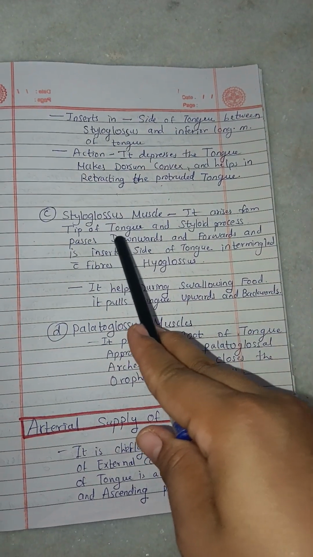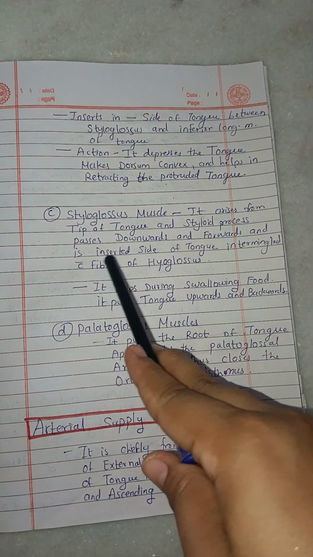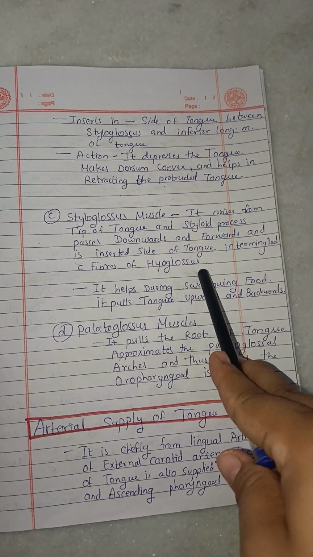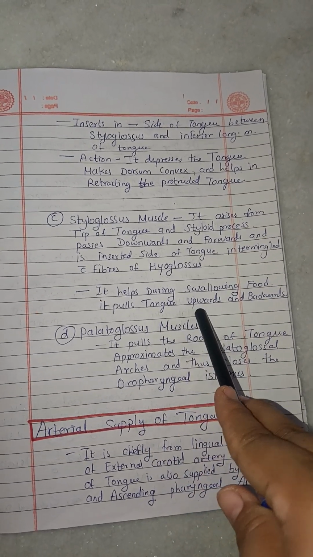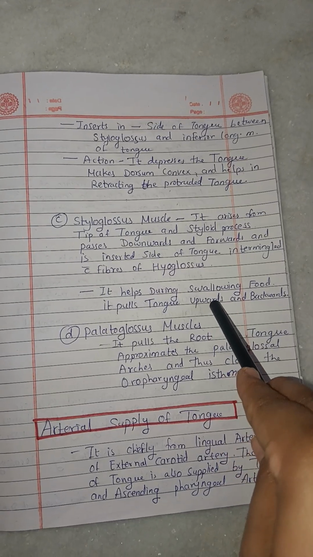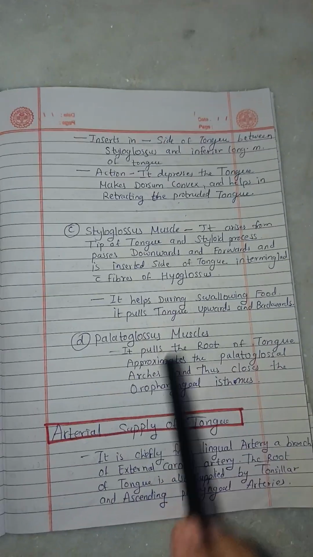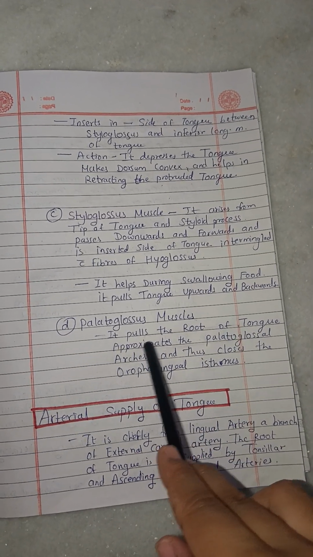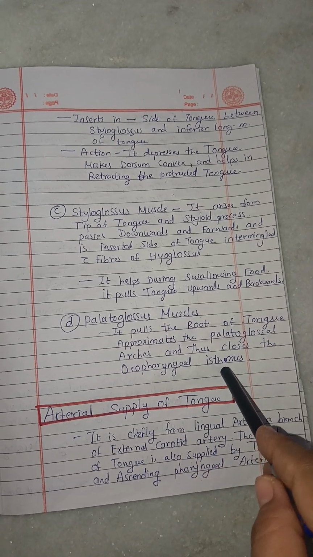It arises from the styloid process, passes downwards and forward, and is inserted in the side of the tongue, intermingled with the fibers of the hyoglossus. It helps during swallowing food and pulls the tongue upward and backward. So it has the very important function of swallowing food. Which muscle is helpful for swallowing food? The styloglossus muscle. Now the palatoglossus muscle. It pulls up the root of the tongue, approximates the palatoglossal arch, and thus closes the oropharyngeal isthmus.